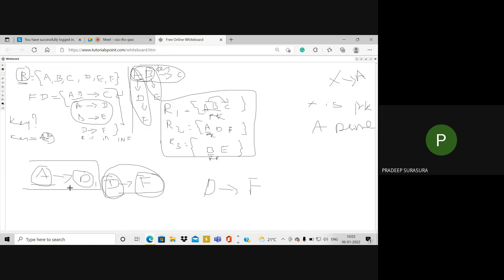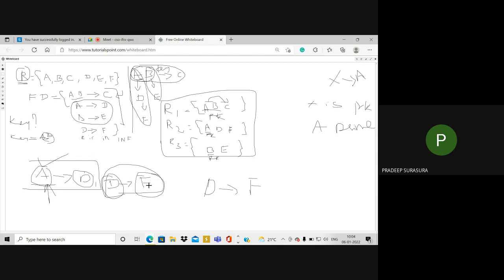In A determines D, I observe that A is the prime attribute or primary key, so this FD satisfies third normal form. Also B determines E: B is the primary key and E is a non-prime attribute, so B determines E also satisfies third normal form.